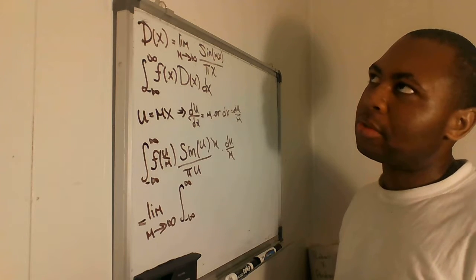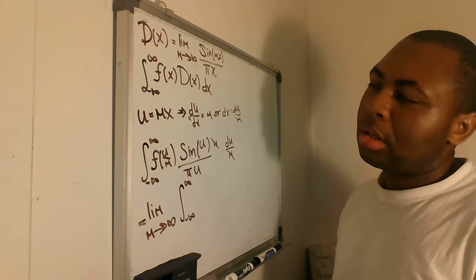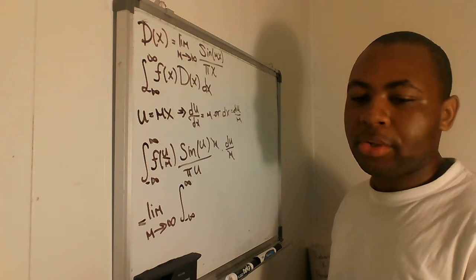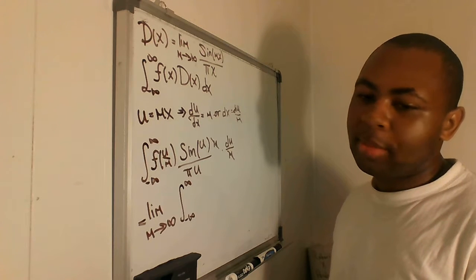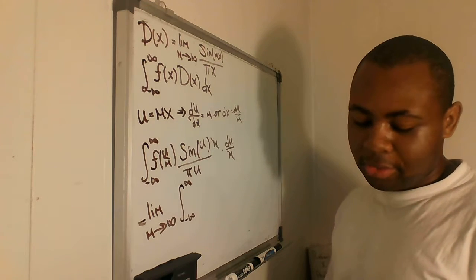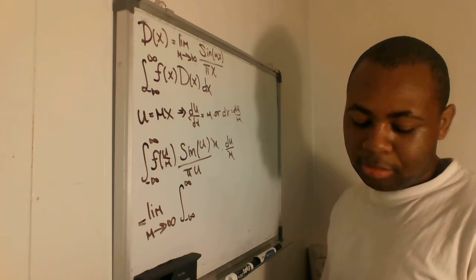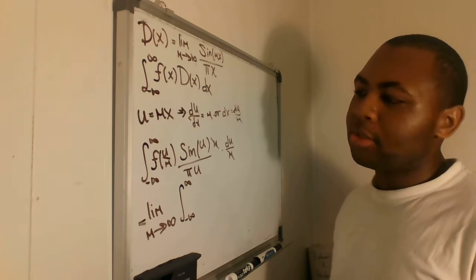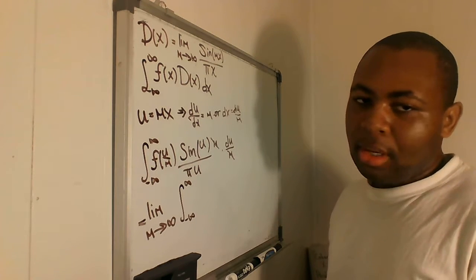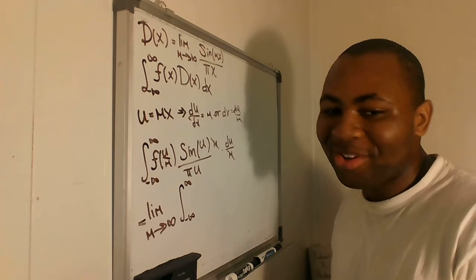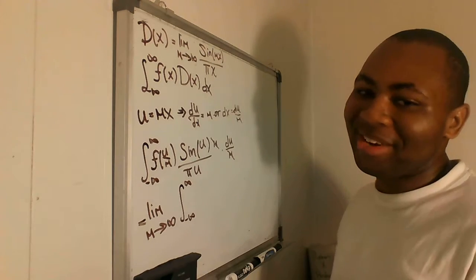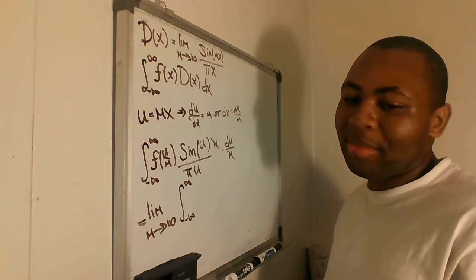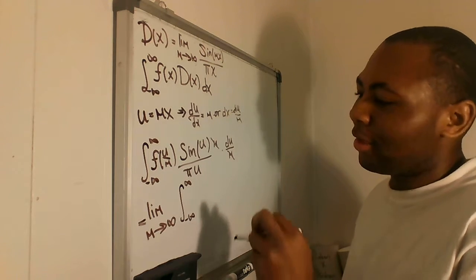Another way of doing this could be a series route. I wouldn't recommend it because I started to and it was a mess, and then I said, oh look, change of variables. Why? Because m is going to infinity, and it's too much work doing the series for sine, and then taking the series of x. It's possible, and for some people it might be easier, but I didn't feel like it.